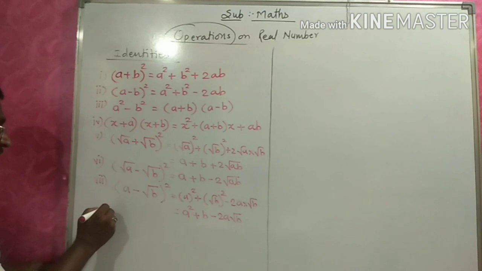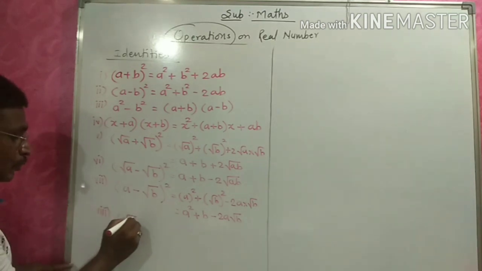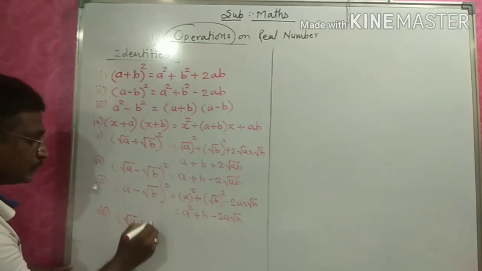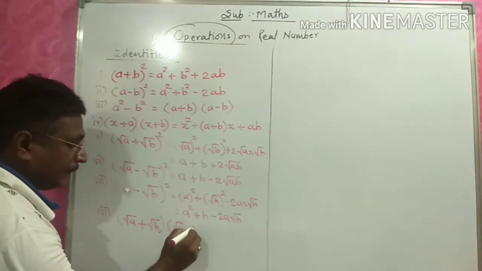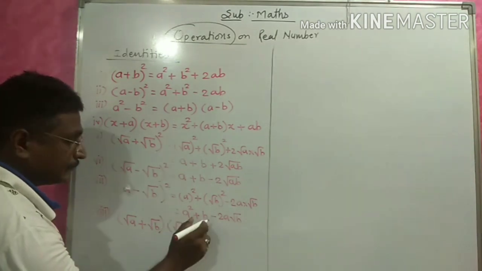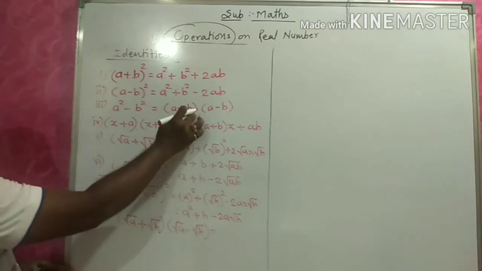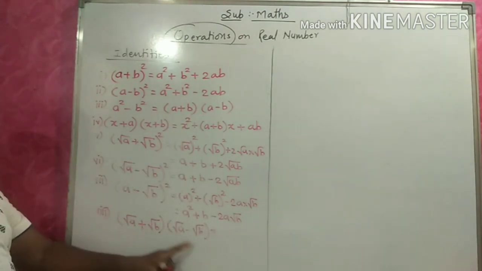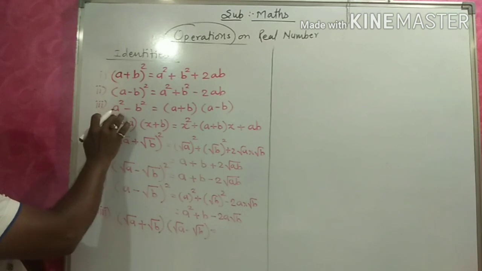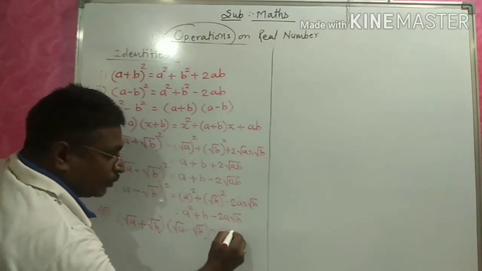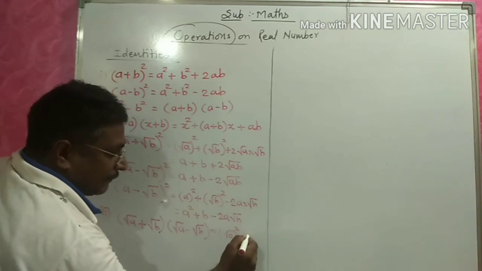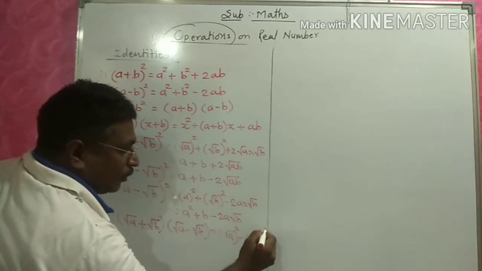Next identity, (root A plus root B) into (root A minus root B). This is (A plus B)(A minus B). What is the meaning of that? A square minus B square. Here A means root A whole square minus root B whole square.